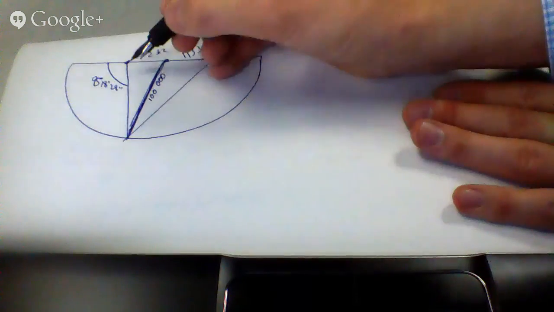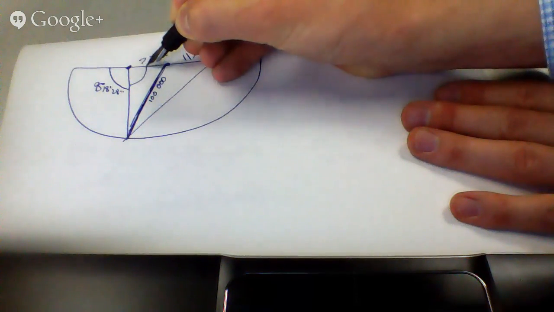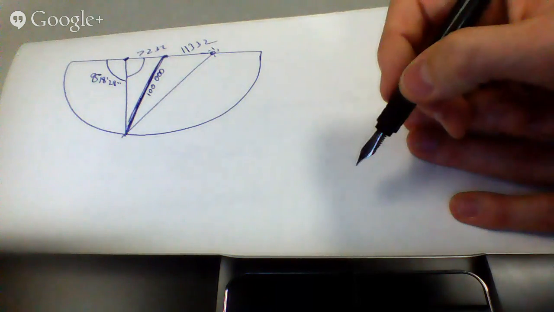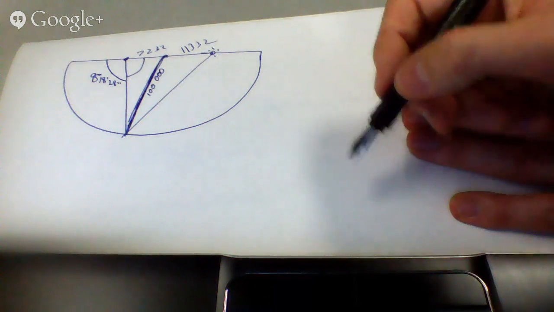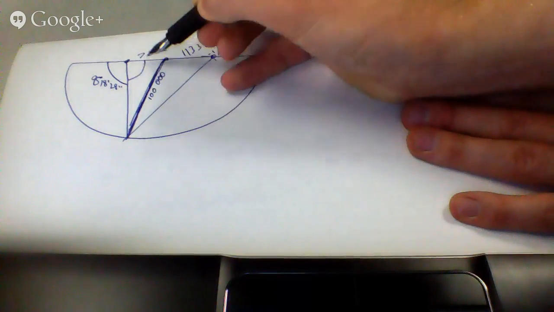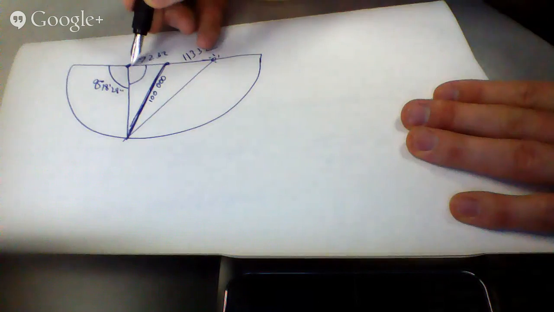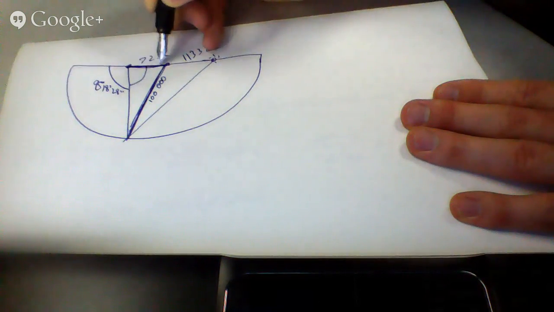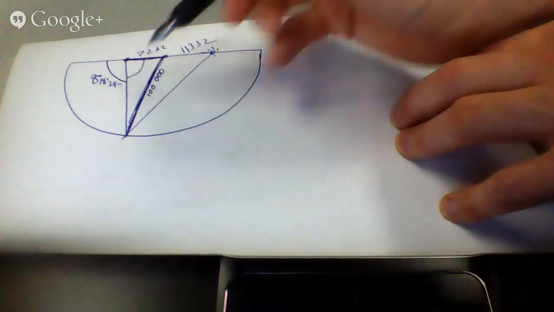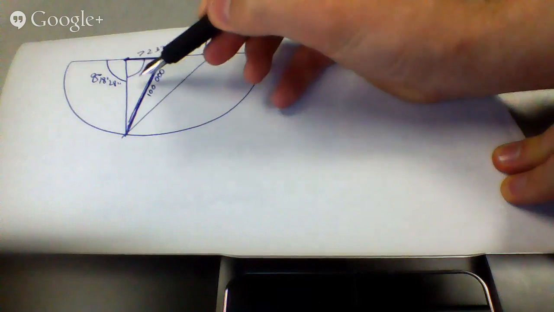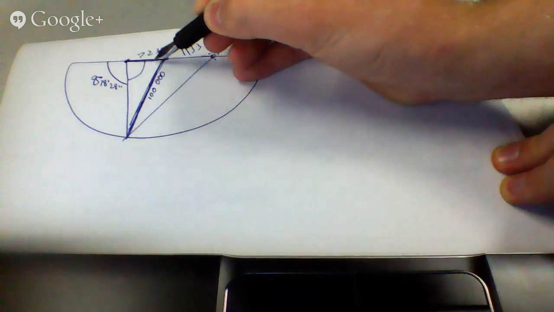We know what this angle is also. It's just 180 minus that 95, 18, 28. We know this side is 7232. So what can we use to figure out the rest about this triangle, to figure out what this eccentric anomaly is here?